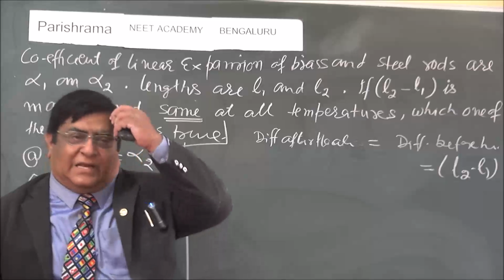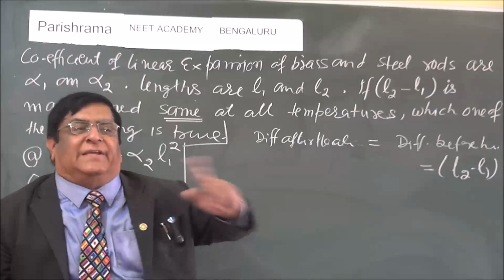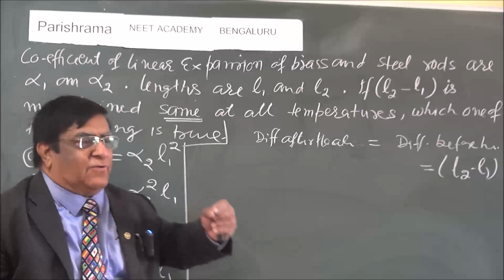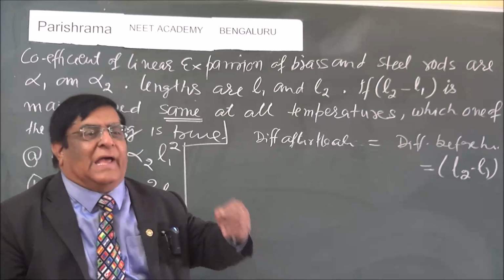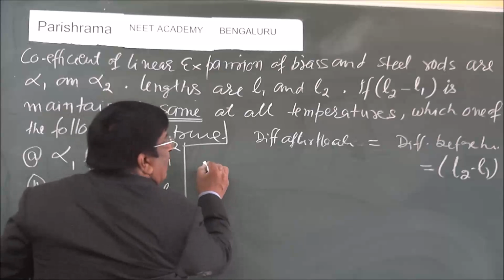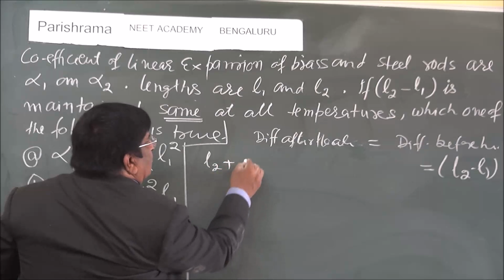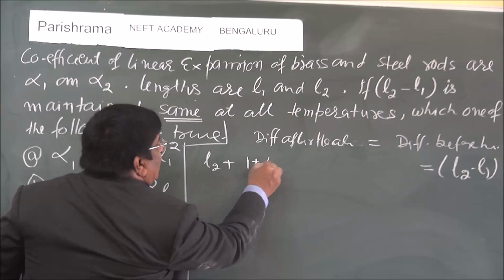Now comes your second knowledge. Do you know how much length becomes after heating? L is equal to L naught plus alpha that you have written. What is that? Tell me. L2 plus, what is that formula?